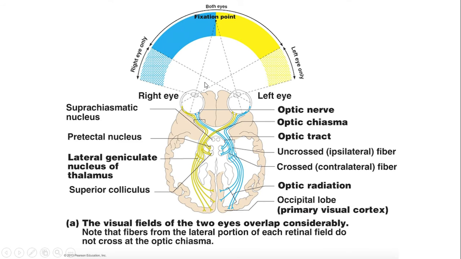And your nose would be in this area, so this would be the nasal portion of the visual field. So where do we get the actual interpretation of the nasal portion of the visual field? Well, that goes to the lateral aspect of the eye, right? And this all has to do with how the lens is oriented, in which it receives the image and then flips the image, basically.